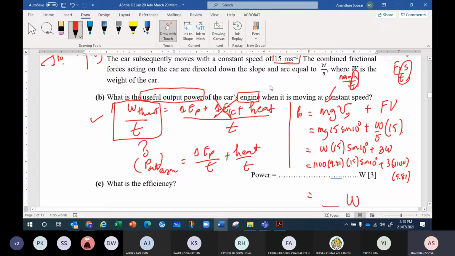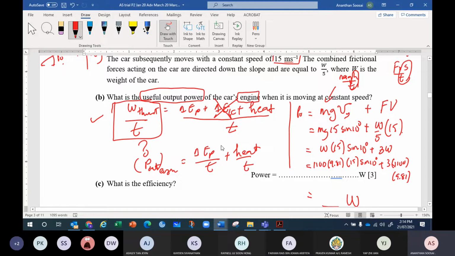So the useful output power of the engine is the work done by the thrust over time. This is the engine output power. Output power is energy divided by time. So here K becomes 0, and only EP over time plus heat over time is the output of the engine.